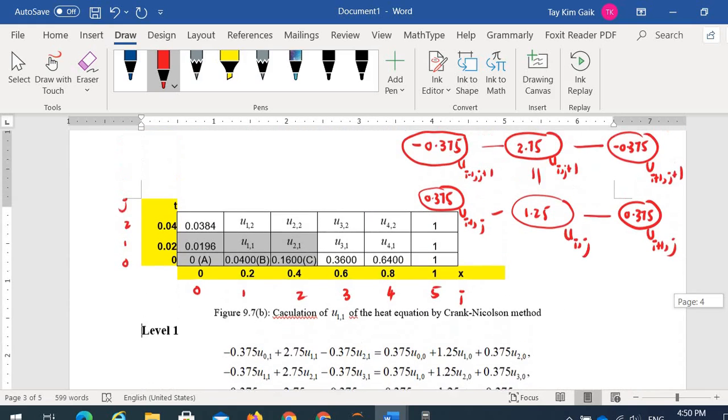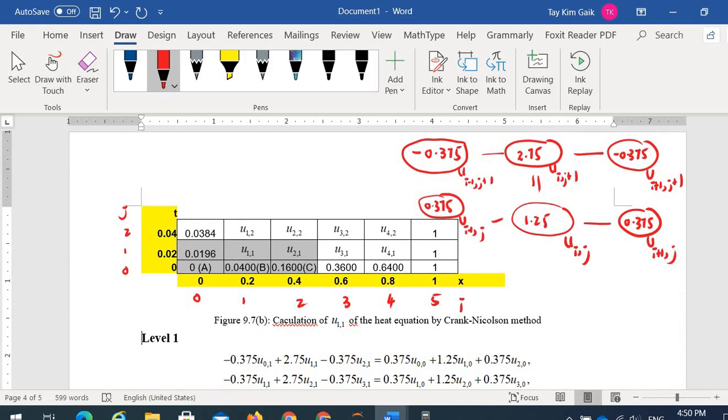The same thing: apply the bottom level of your implicit molecule, the two-level molecule. Once you apply it here, this cell is positive 0.375 multiplied by this value, U00, U10, U20. Coefficients are 0.375, 1.25, 0.375. When you apply the first time, you get the first equation.